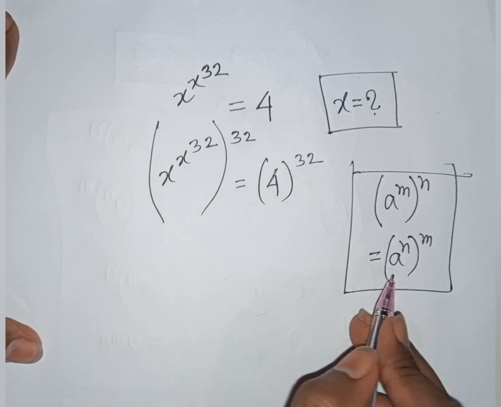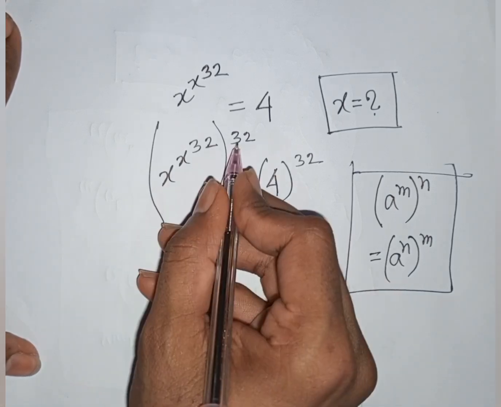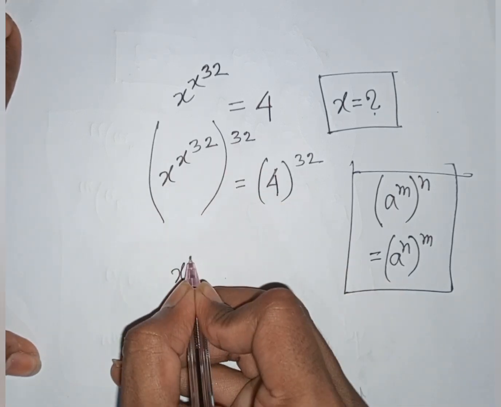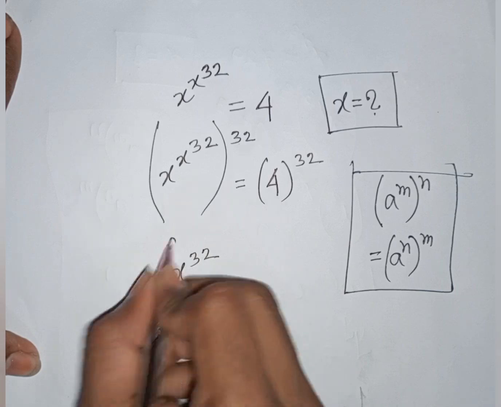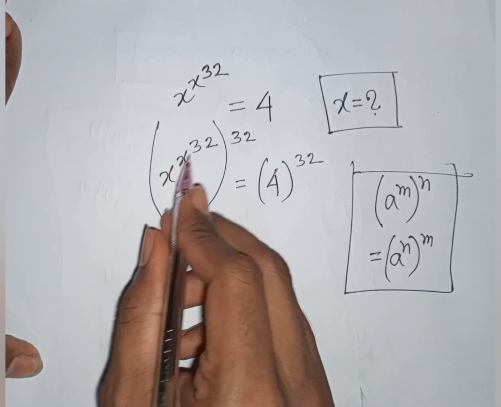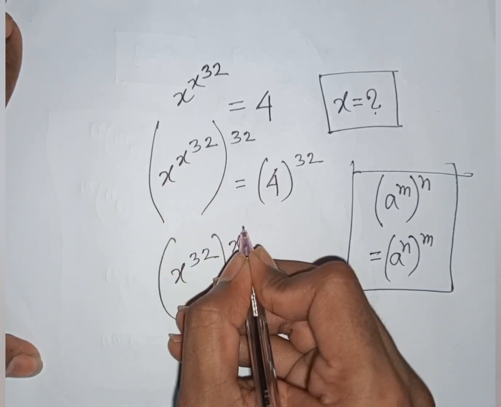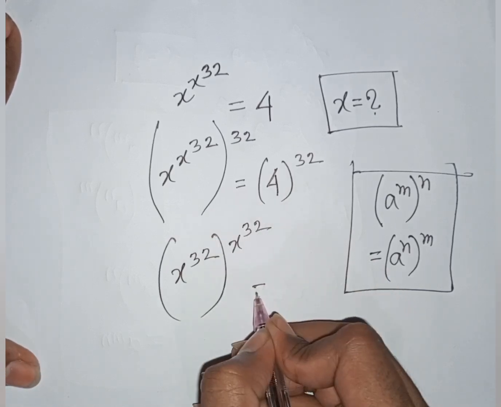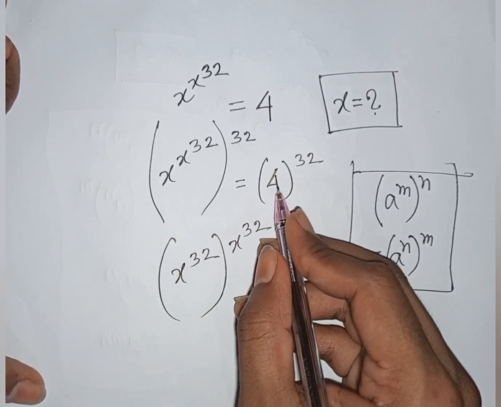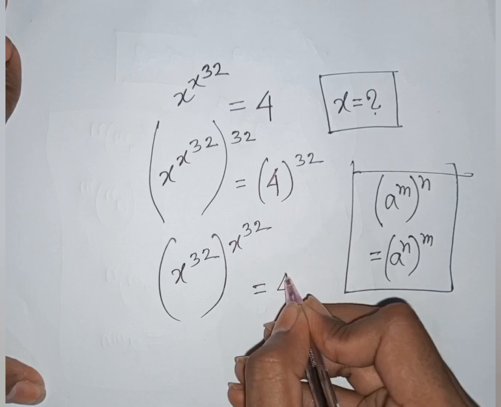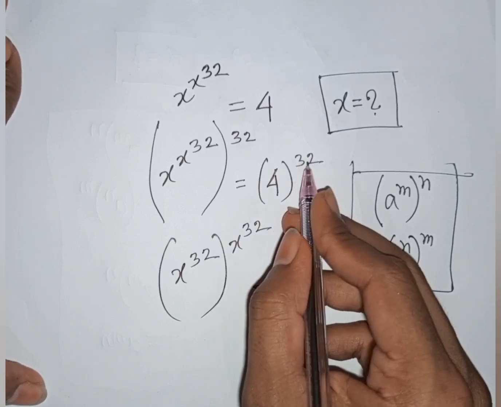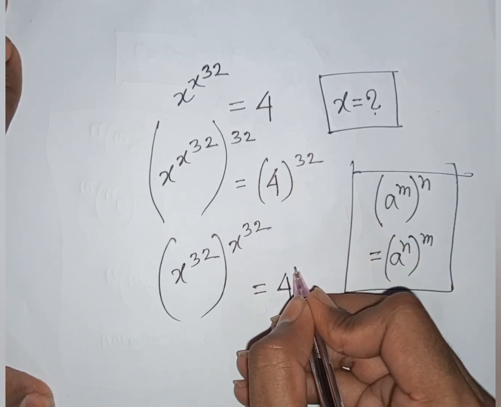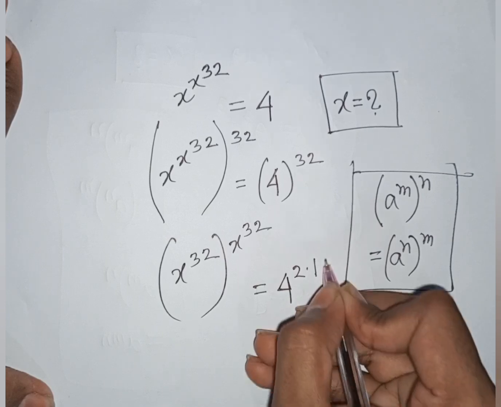So according to this rule, we can write (x^x)^32 is equal to 4^32, and 32 can be written as 2 times 16.